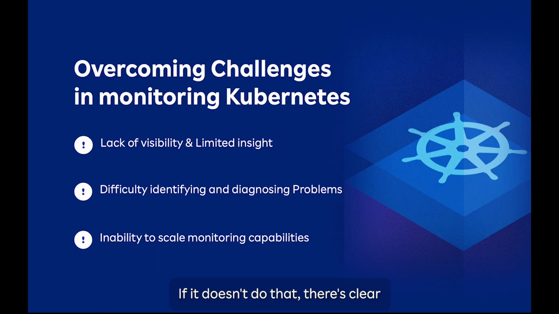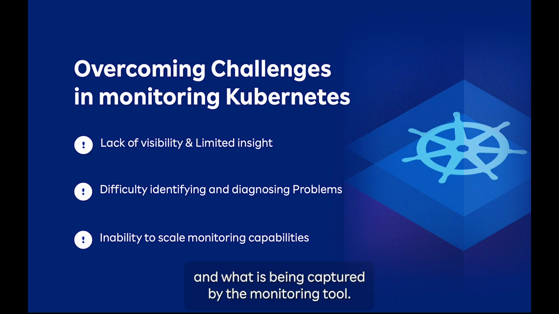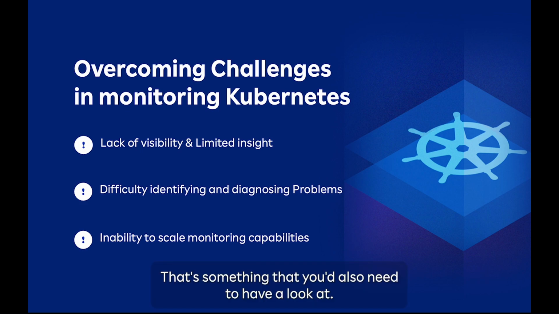If it doesn't do that, there's a clear deficit between what's going on within Kubernetes and what is being captured by the monitoring tool. And again, it can lead to some confusion. That's something that you'd also need to have a look at.